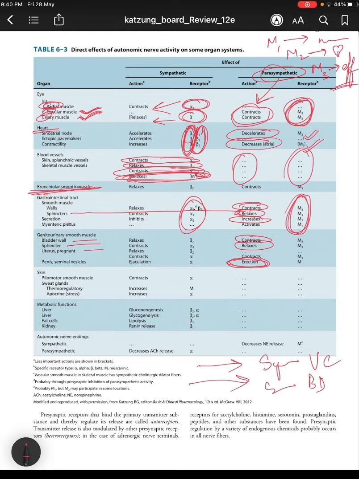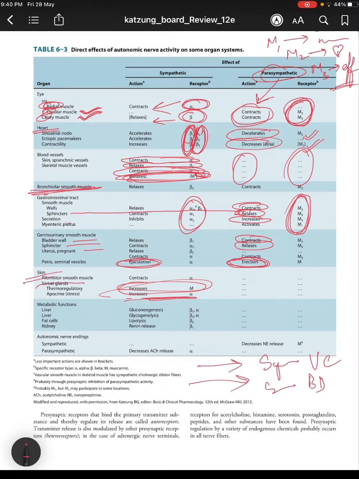Parasympathetics cause erection of the penis, sympathetics cause ejaculation of the semen. Okay, so there's a difference. Coming to the skin, sweat glands, we talked about it, cholinergic innervation, and again thermoregulatory.